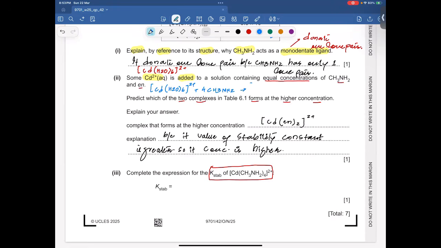A ligand substitution reaction takes place, and as a result, that's going to be the product. So I have to write the stability constant expression with respect to this equation.